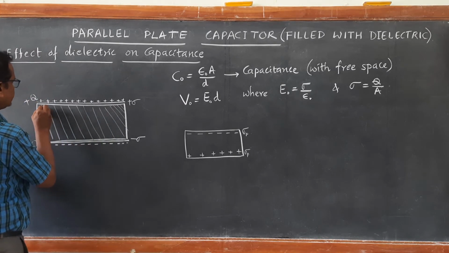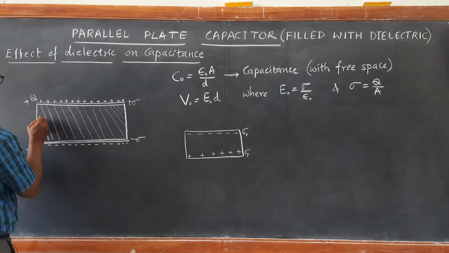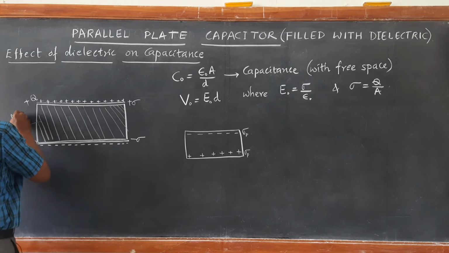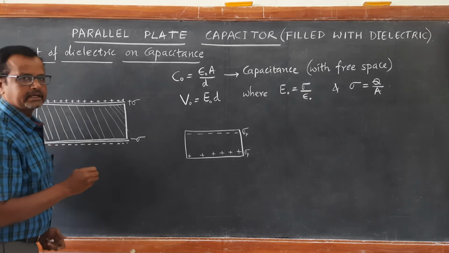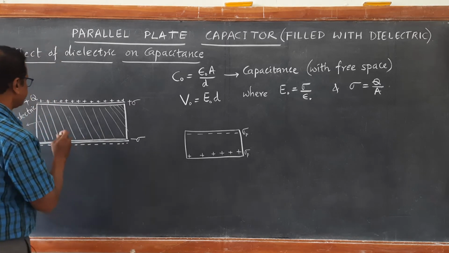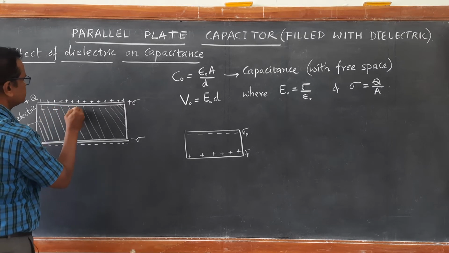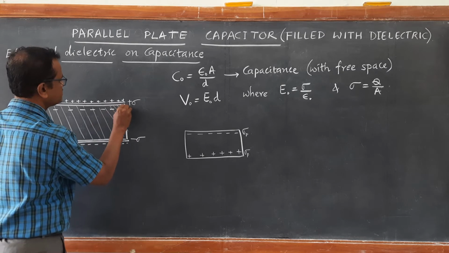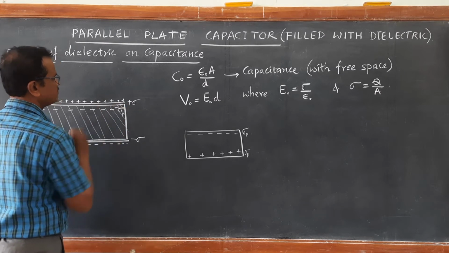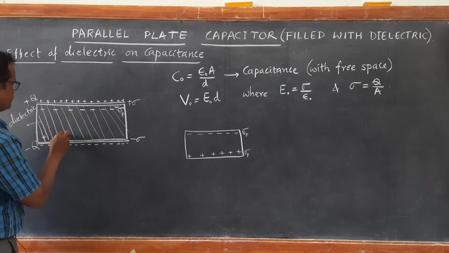The upper side of this dielectric, as you know, dielectric means the insulator, will develop the opposite charge, minus sigma p, and here it will develop plus sigma p.